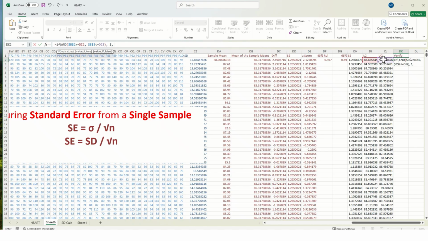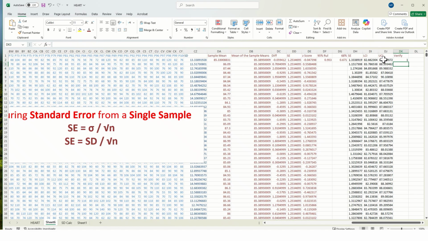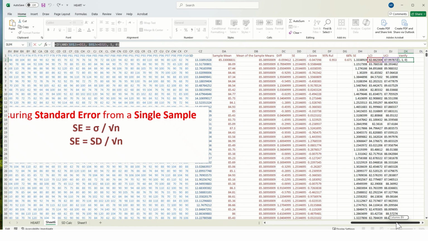If they are not in between these two values, then give me 0. Close parentheses, and enter.